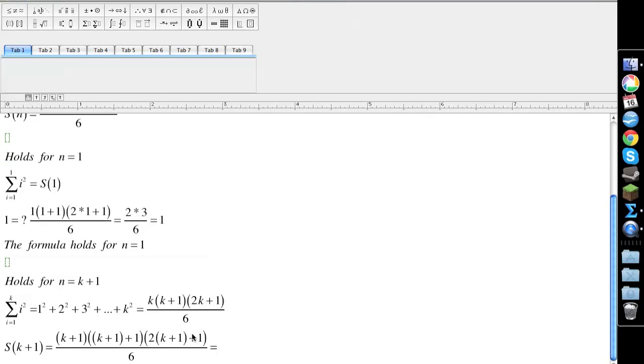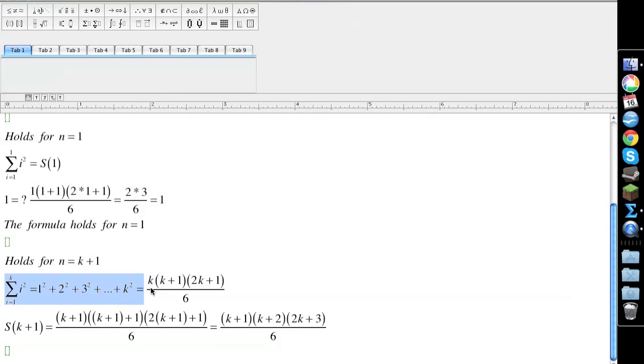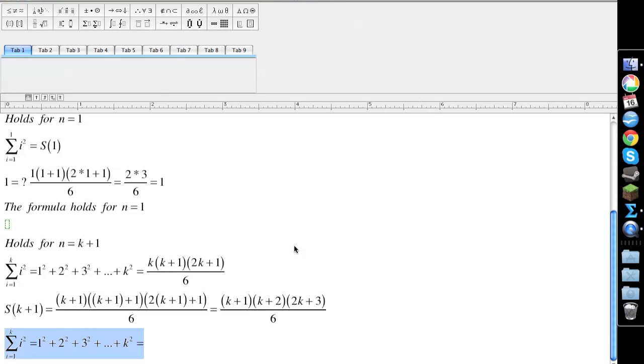So this is the same as k plus 1 times k plus 2 times 2k plus the 2 times 2 plus 1 is 3. So 2k plus 3 divided by 6. And the sum will be this with the k plus 1.